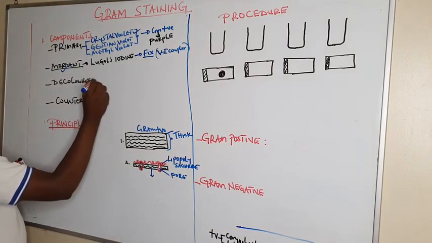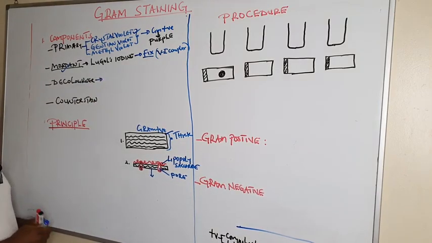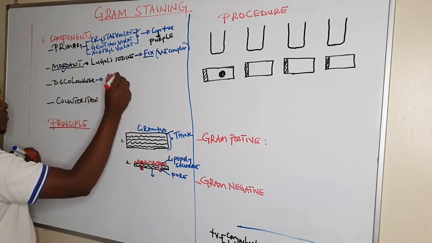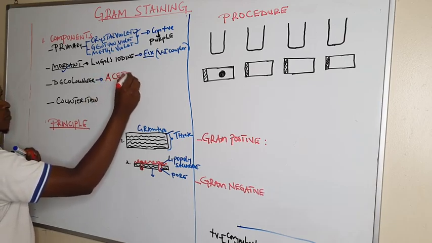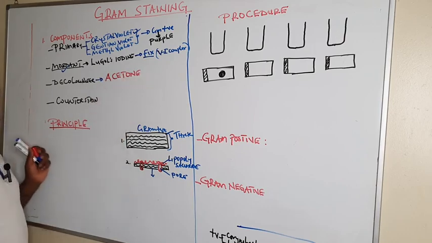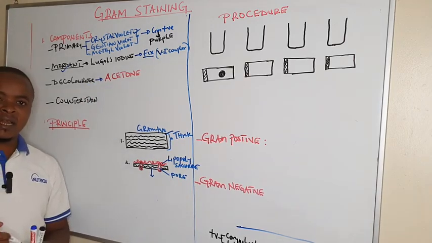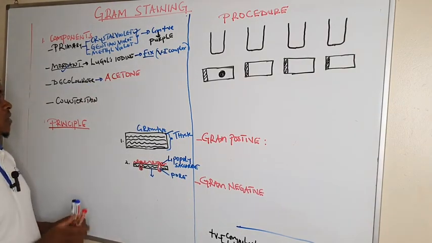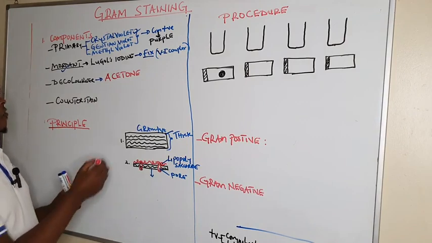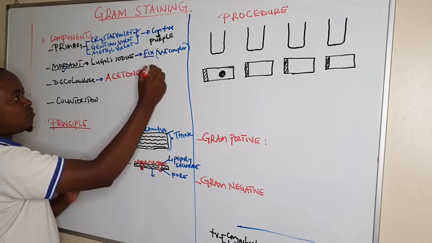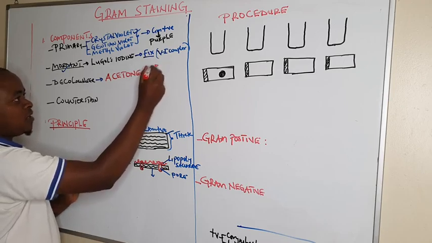Then the decolorizer being used in the gram stain is acetone. Acetone is the most preferred component to be used as the decolorizer. So what does the decolorizer do? If the organism is gram positive, the decolorizer will not be able to remove the primary stain.